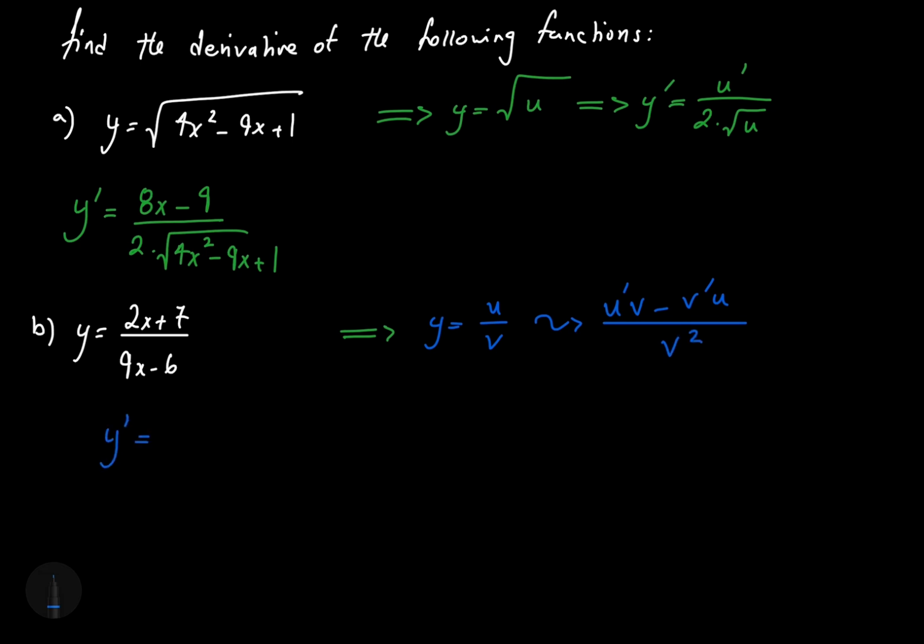So y prime is simply going to be u prime, which is 2, multiplied by v, which is 9x minus 6, subtracted by the derivative of the denominator, which is 9, multiplied by 2x plus 7, divided by 9x minus 6 squared. Basically, you take whatever's on the denominator and you raise it to the power of 2.